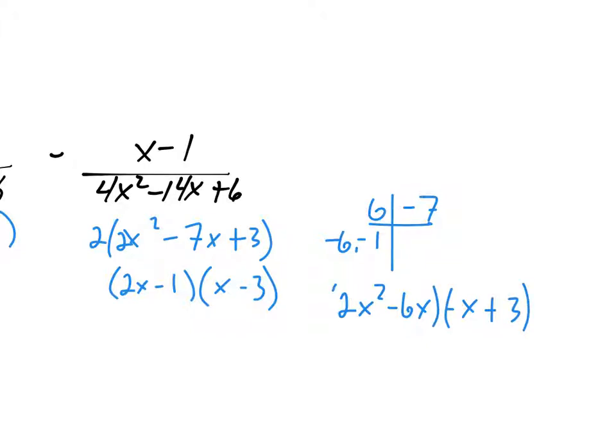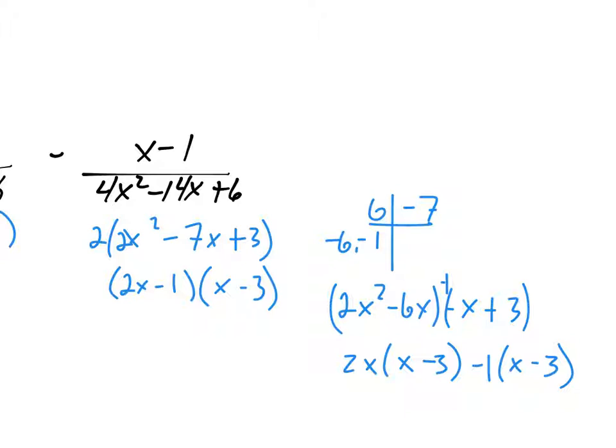Group, put your plus sign back in the middle. Factor out a 2x here, leaving me with x minus 3. Factor out a negative 1, leaving me with x minus 3. And then I can factor out my x minus 3's, leaving me with 2x minus 1. Does that make sense? Yes, ma'am.